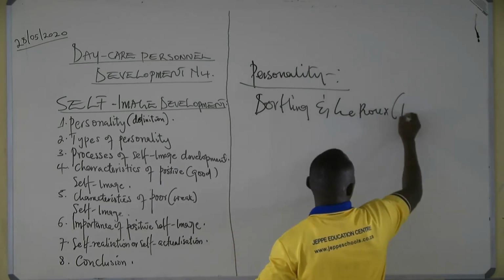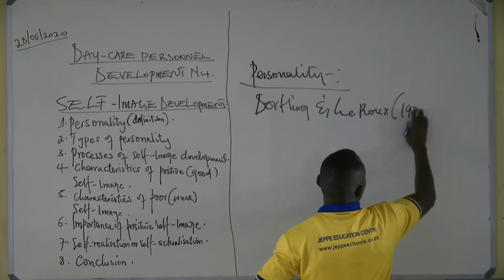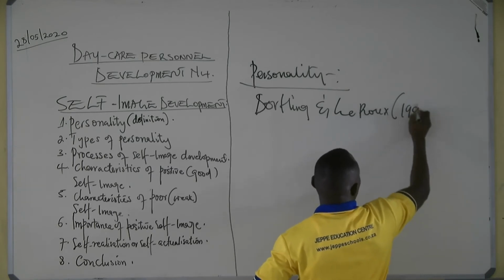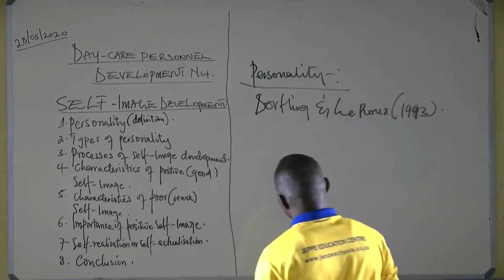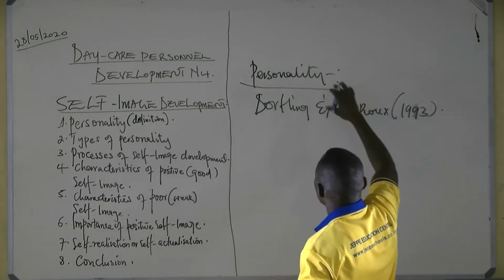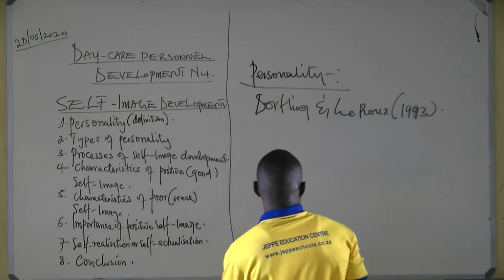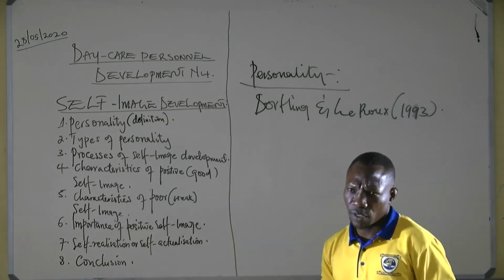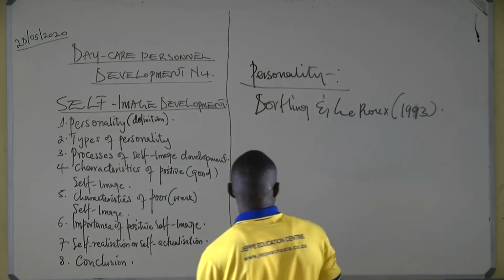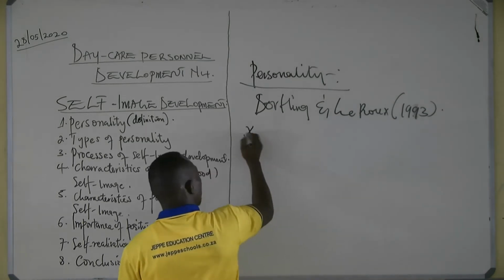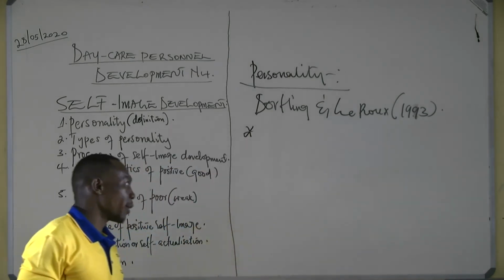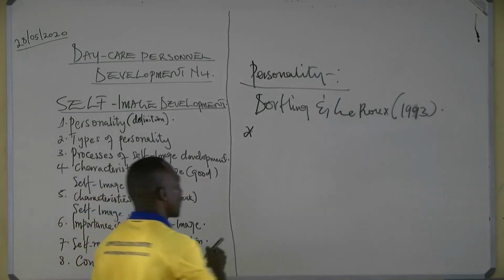These two came up with a book which they wrote and produced in 1993. Jointly, they tried to describe the term personality by giving a number of definitions. Let me give you two definitions out of the many that they came up with.